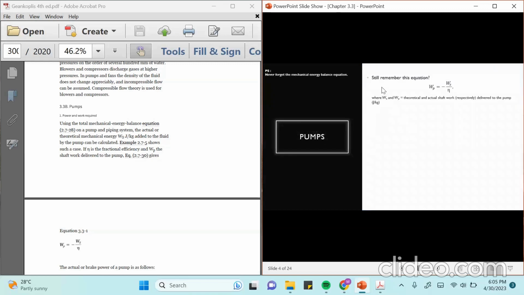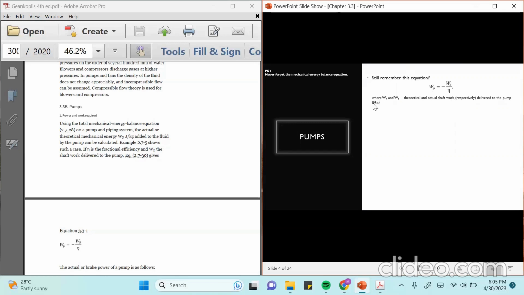Okay. Now, I hope that you still remember these equations, where the actual shaft work equals minus the theoretical shaft work divided by the efficiency.